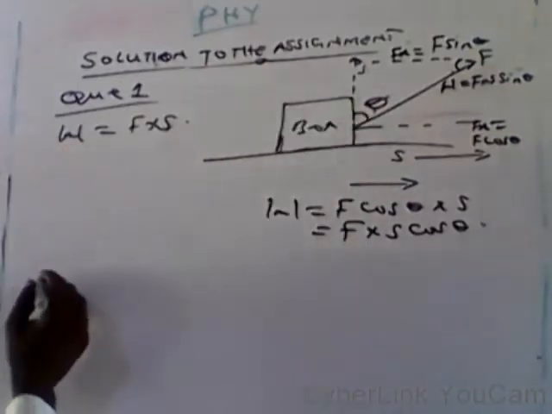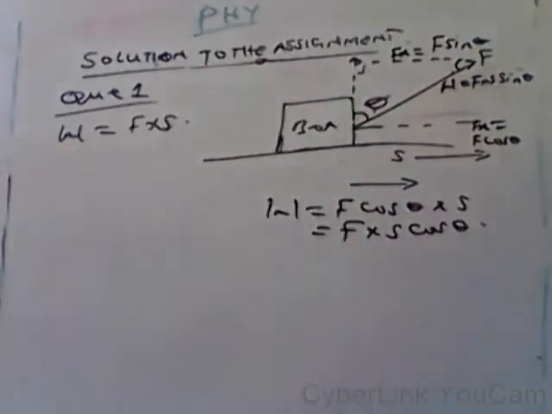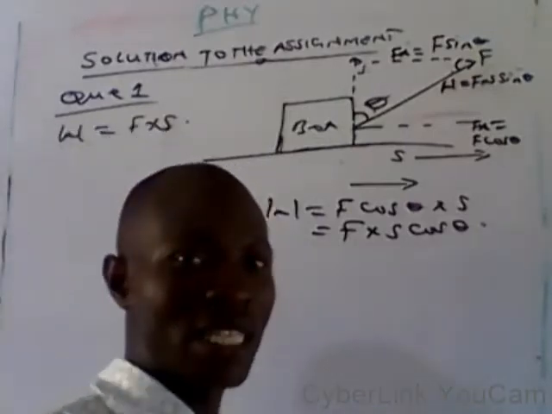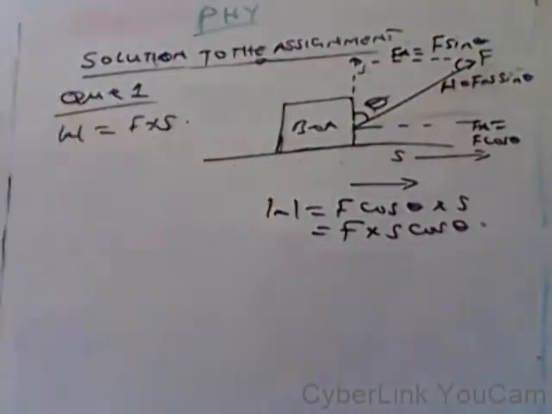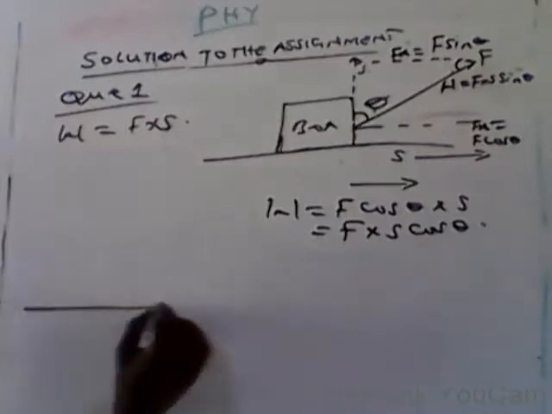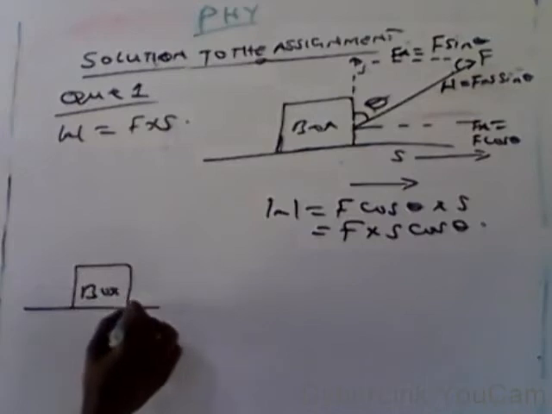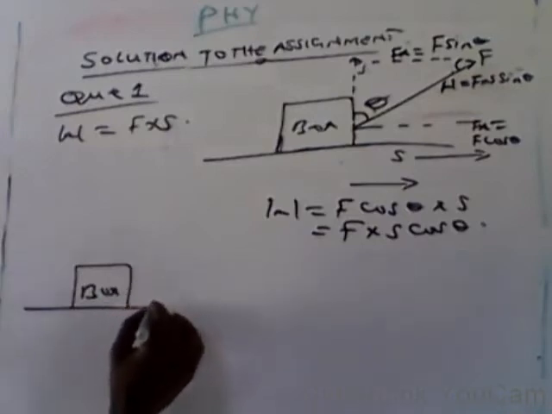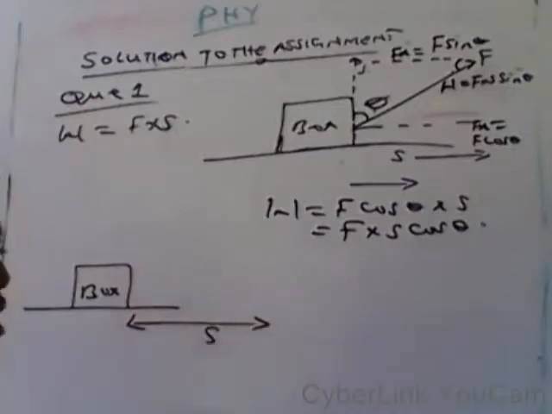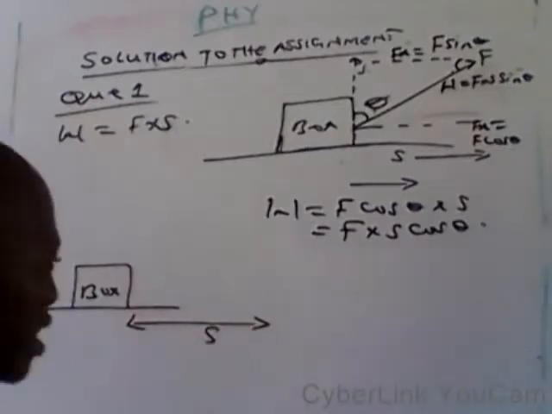But what if we've not answered what the question is asking us? We've not answered the question, but we are heading to that. Now, the question says that the applied force acts perpendicularly to the direction of motion. In this case, what the question is telling us is that we have a box, and the direction of motion of the box, whether we like it or not, will be in the horizontal direction like this.